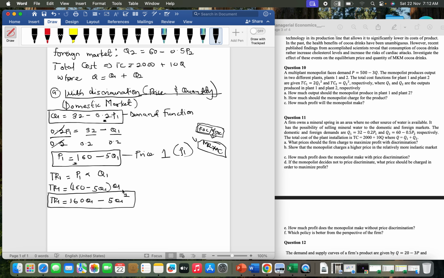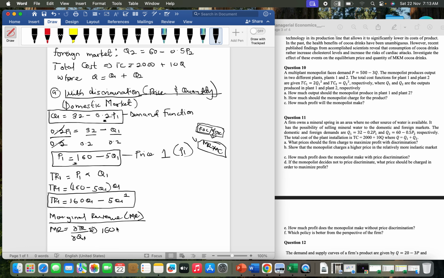So since I have total revenue 1 here, I can find marginal revenue. We get marginal revenue out of total revenue. We get marginal cost out of total cost. So to find marginal revenue, I will find the derivative of total revenue with respect to Q. So total revenue 1 was, take note it's Q1 because we are dealing with Q1 and P1.